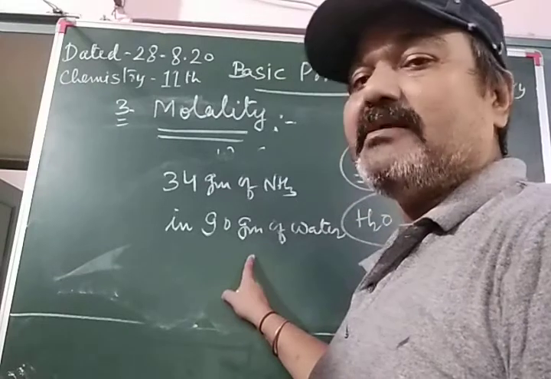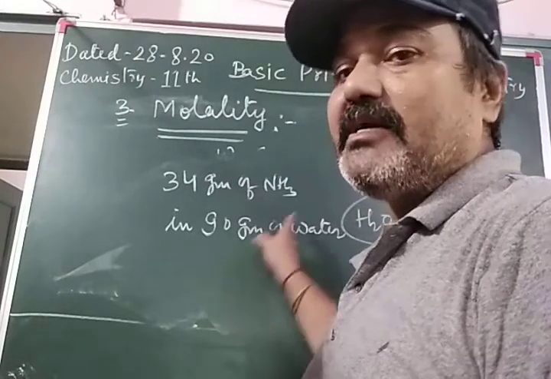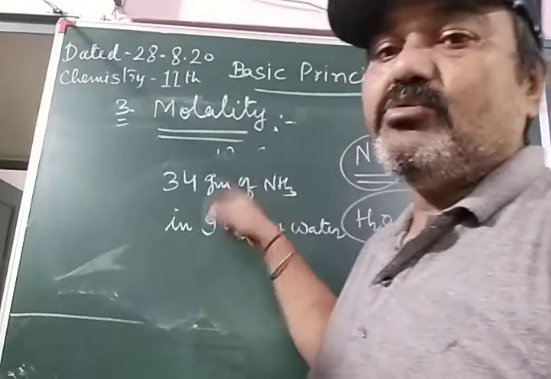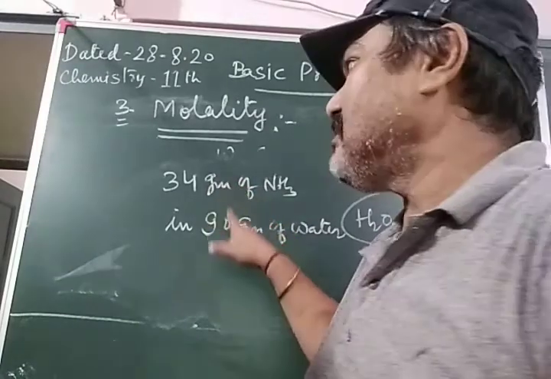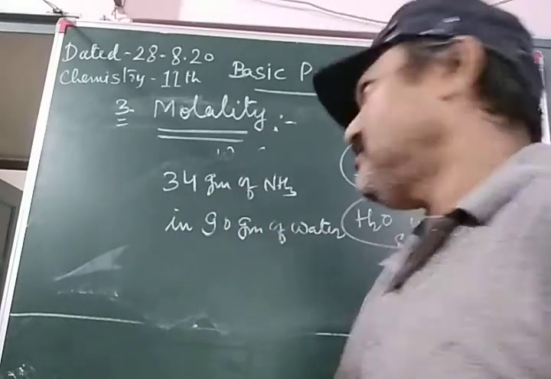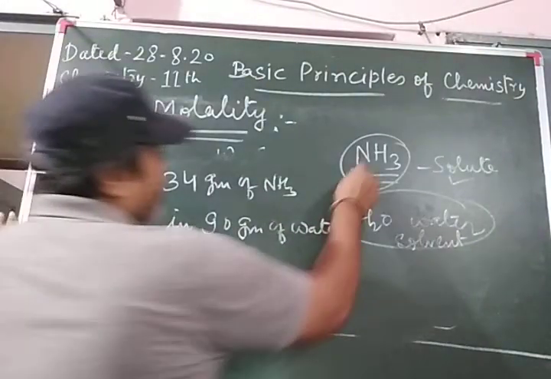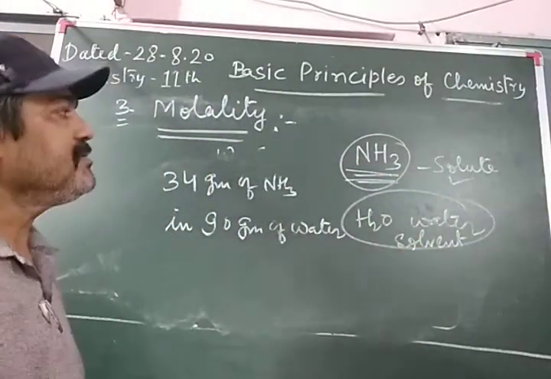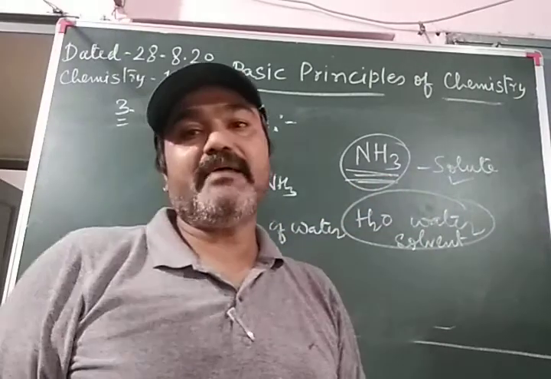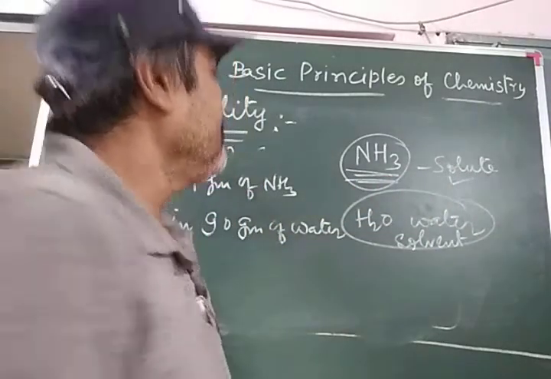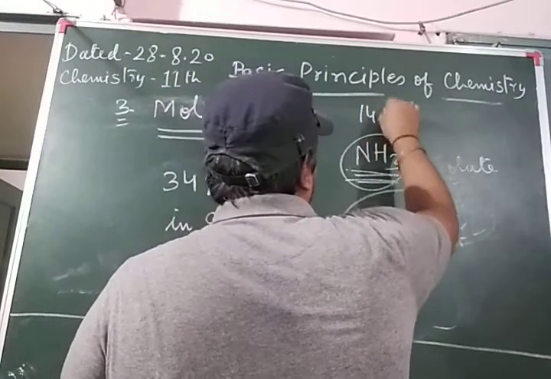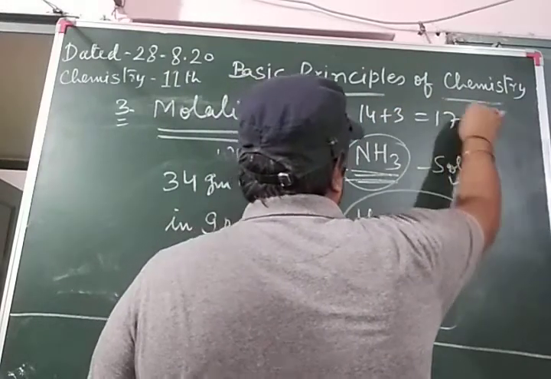So divided by the mass of the solvent multiplied by 1000. This total calculation will give us the molality of the solution. Look here, how can we find out? And we very well know the molar mass of ammonia is 14 plus 3 equals 17.